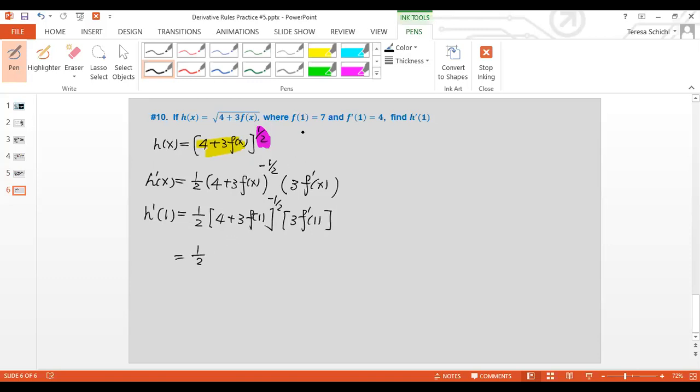What is f of 1? It's 7. So 3 times 7 is 21, and this is 25 to the negative 1/2 times 3 times f prime of 1, which is 4. So it's 12 here. The answer will be 12 over 2 times 5. Then you can simplify this a little bit, so it's 6/5. My final answer is 6/5.